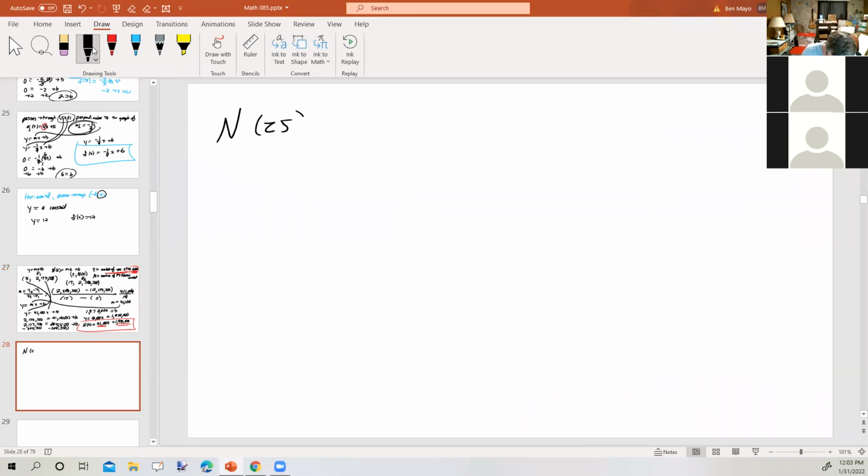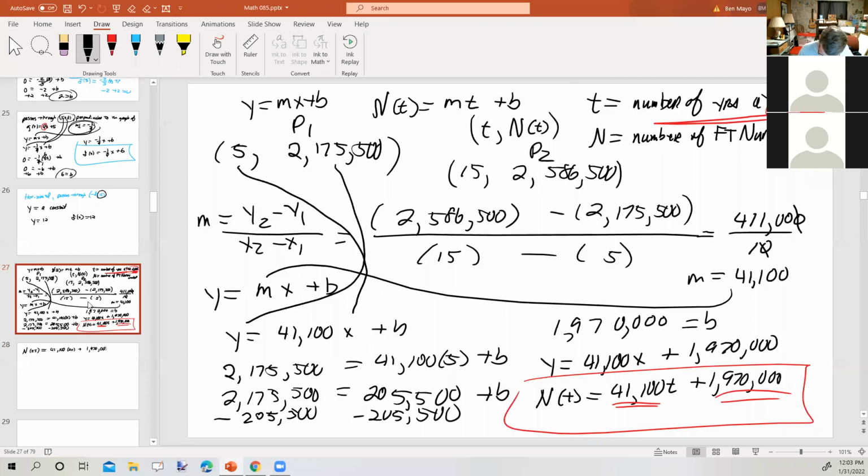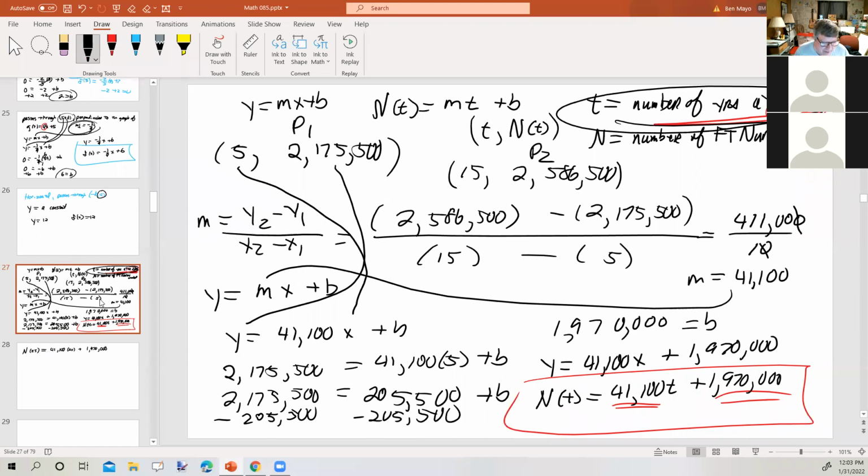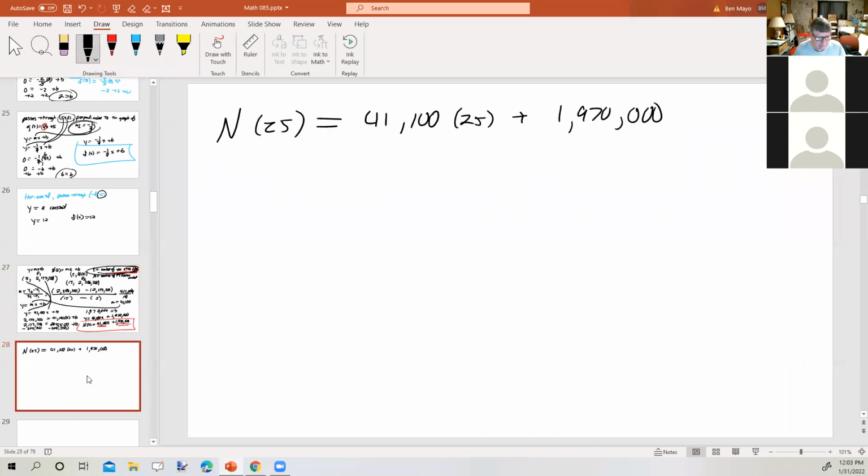N of 25 is going to be 41,100 times 25 plus 1,970,000. Going back here, T is the number of years after the year 2000, so the year 2025, you would be finding N of 25. And that's how you'd say it, N of 25.